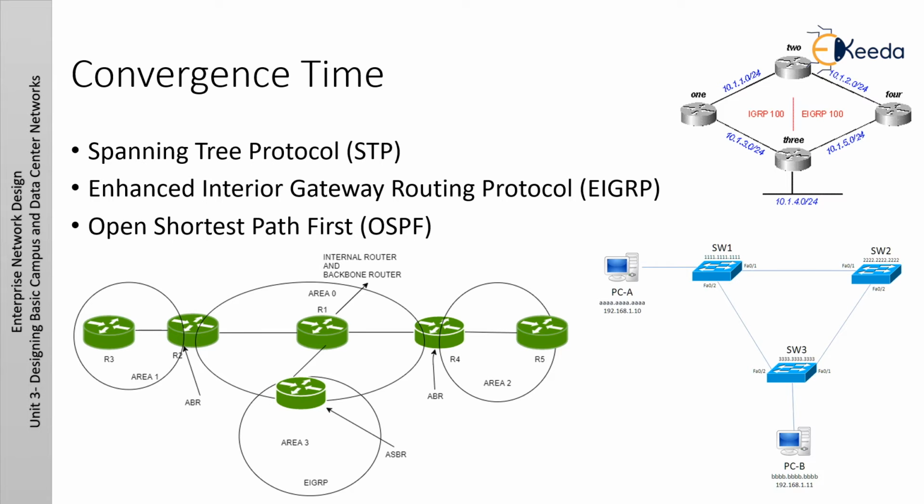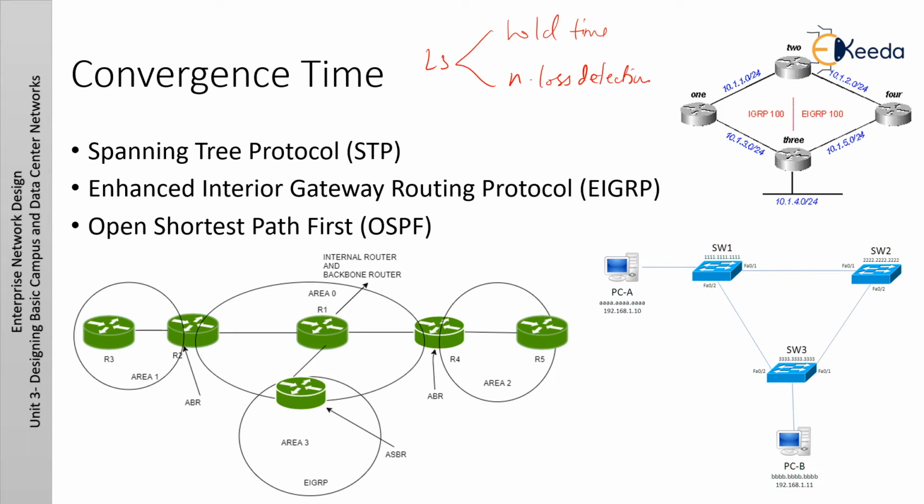In the mixed layer 2 and layer 3 environment, the convergence time depends not only on the layer 3 factors, including routing protocol timers such as hold time and neighbor loss detection.